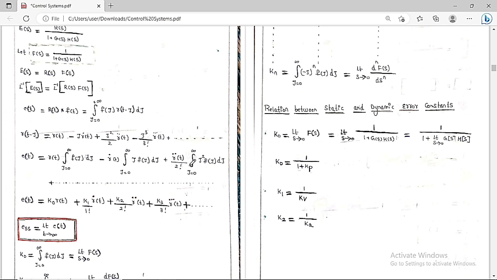Here this I am going to assume is k2, so k2 by 2 factorial into r double dash of t plus, same thing, k3 by 3 factorial r triple dash of t and it goes on. So like this we are going to get.